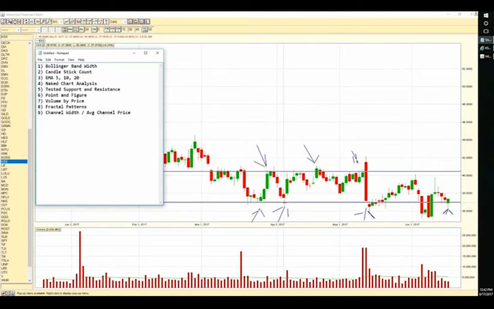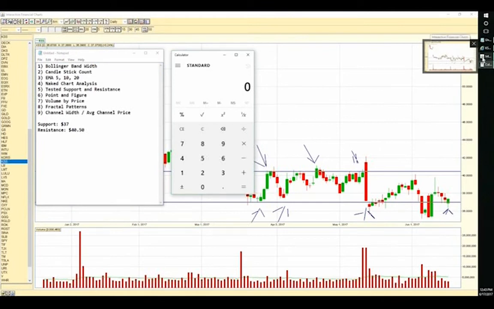So our support is about $37. So let's write that down. Support is at $37. Our resistance is at $40.50. So I take my calculator, and the first thing I want to calculate is the width.